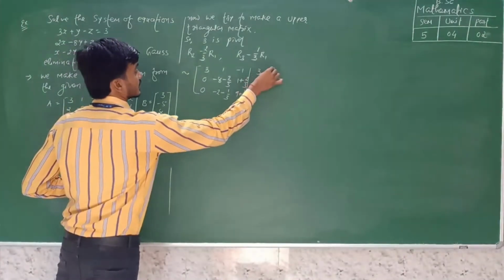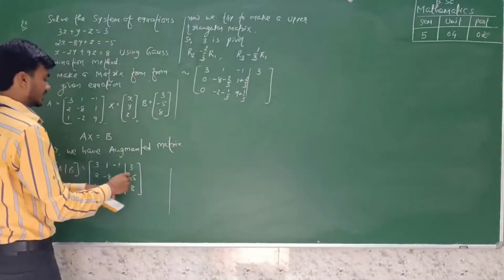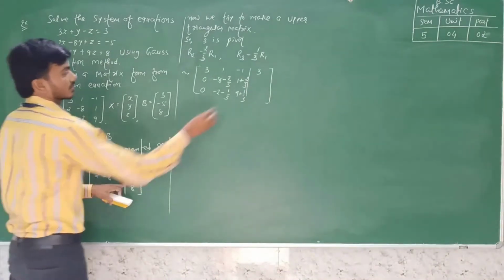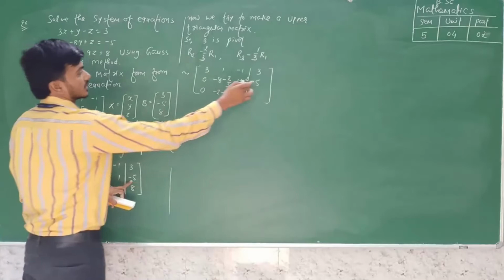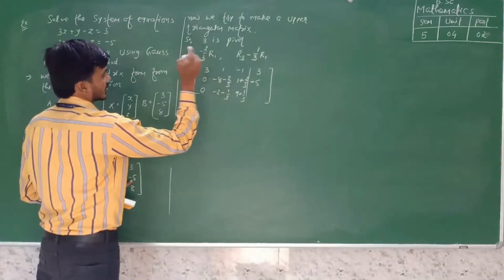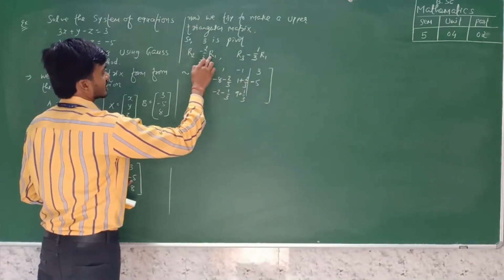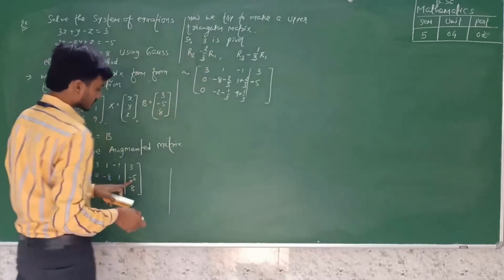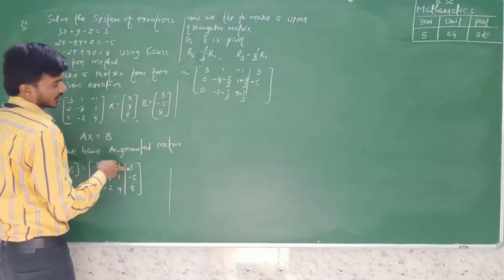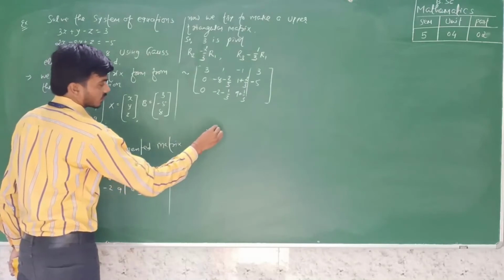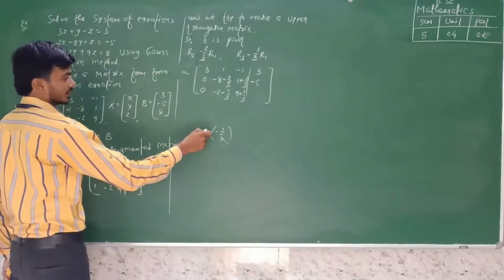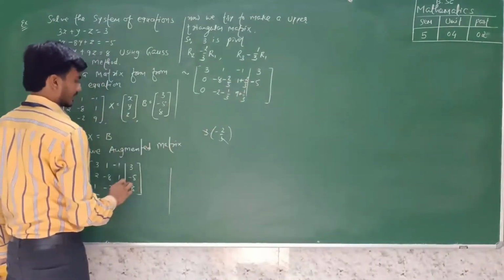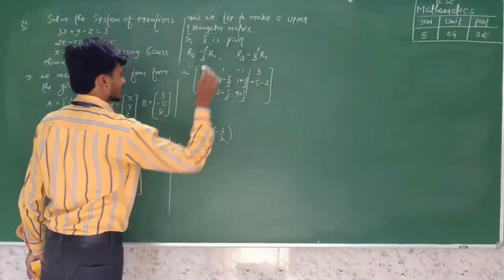Here, the second row will be changed, that means minus 5 there, and 3, first row, second row. In the second row, the change is first row times minus 2 by 3. Here 3 into minus 2 by 3, 3 cancel, minus 2 will be there, minus 5 and minus 2 will be added, so minus 2.